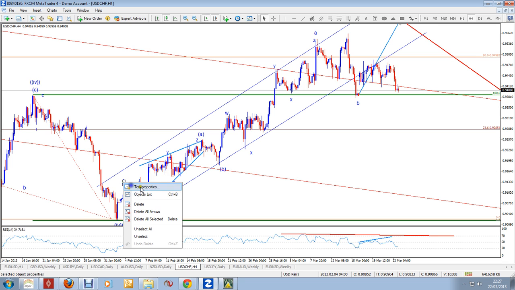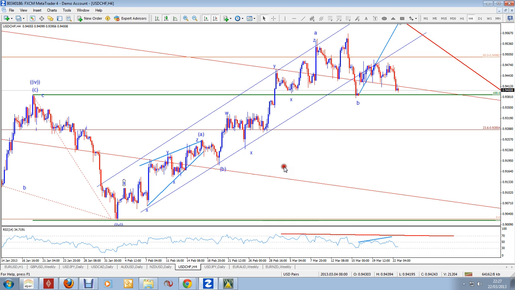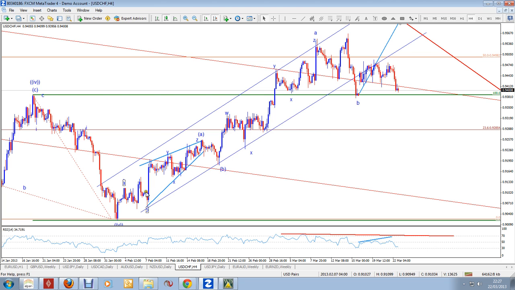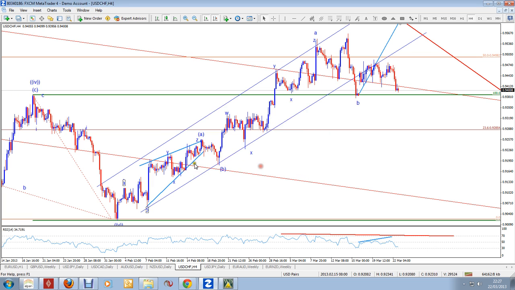Maybe the correct way would be this one as a small a, and then this X here as a small b, and then this ending diagonal as a small c. So that would be wave C, in which case we've got small a, small b and small c. That gives us wave A of a larger degree.